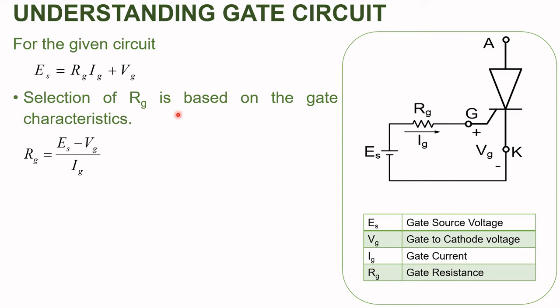From this equation, the selection of Rg would be given as Rg = (ES − Vg) / Ig.